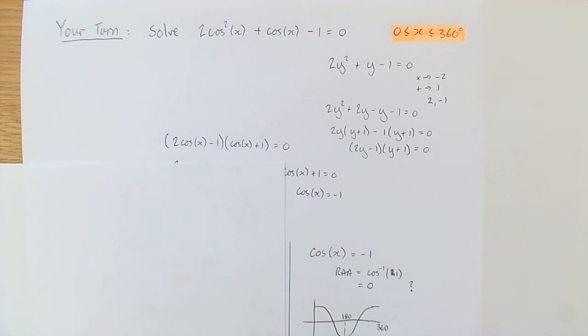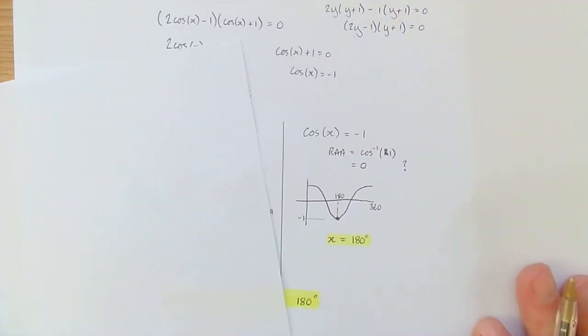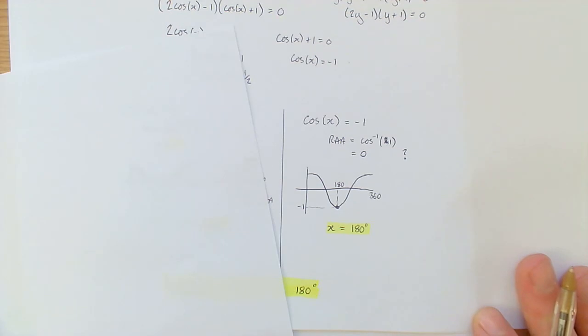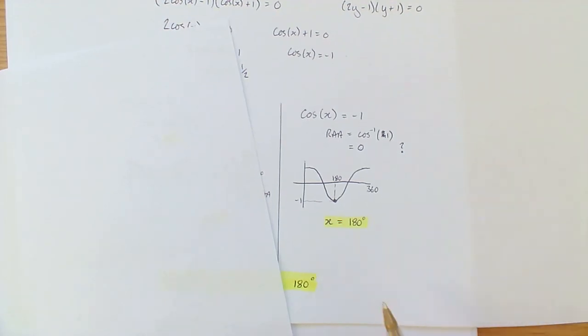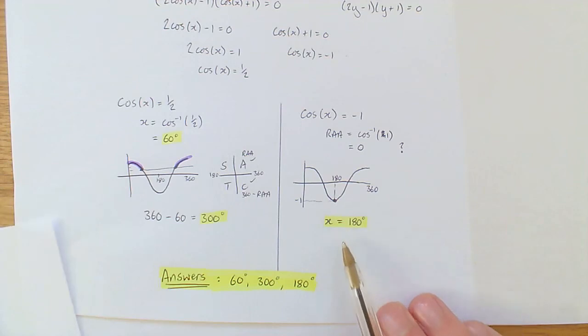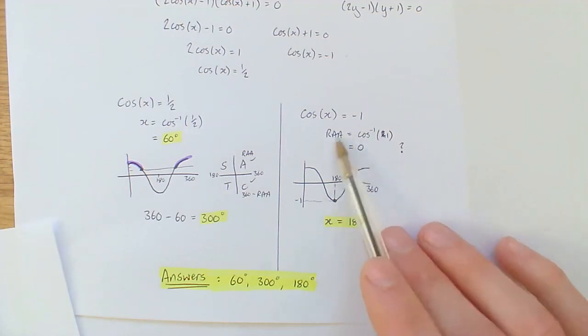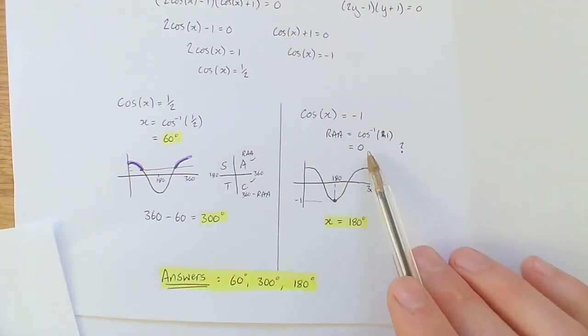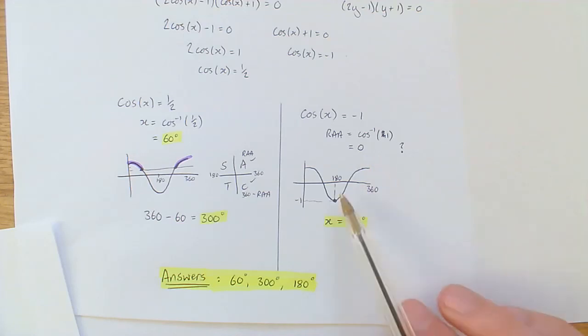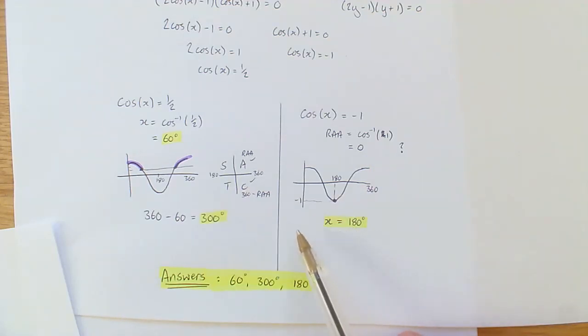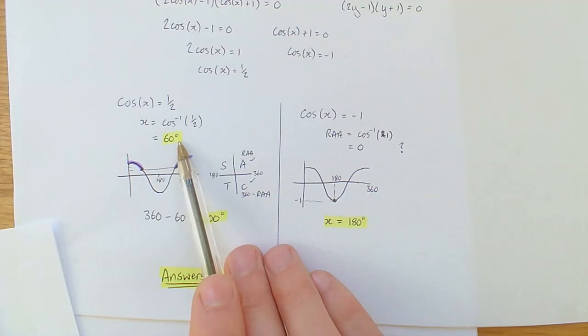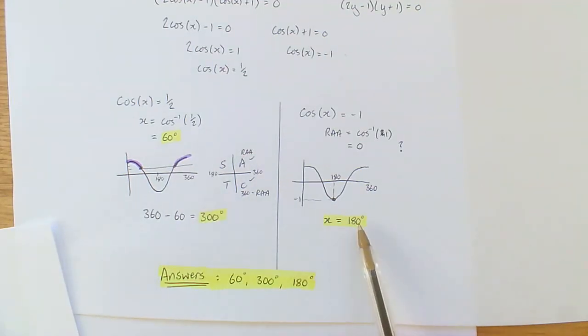So this is one of those examples where the graph is much easier to use. Apologies, that's been off the screen. I didn't spot it. So this is an example where the graph is much easier to use than the CAST diagram or even a calculator. Solving that, therefore we have three answers. They were 60 degrees, 300 degrees, and 180 degrees.